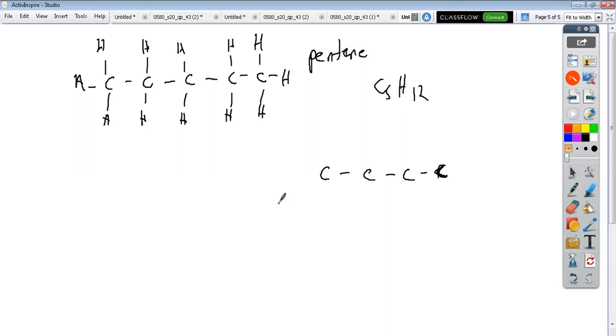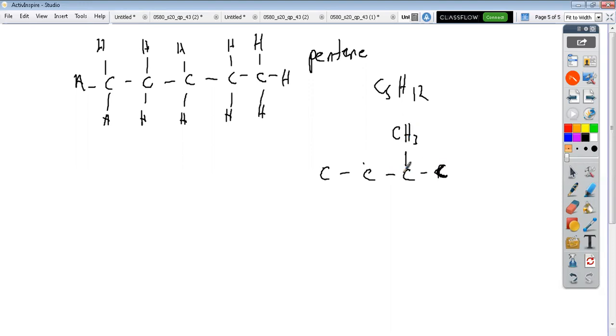So look at this. What I want is to put a methyl group. If I put the methyl group on this number here, I want you to listen to the rules there. I don't say 1, 2, 3. I always look at the shortest distance. What's the shortest distance?